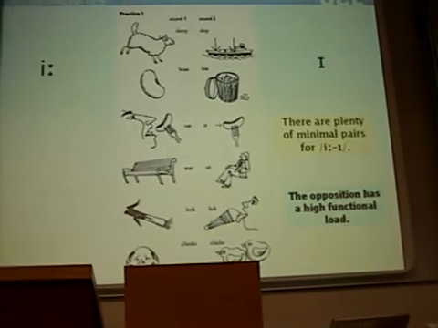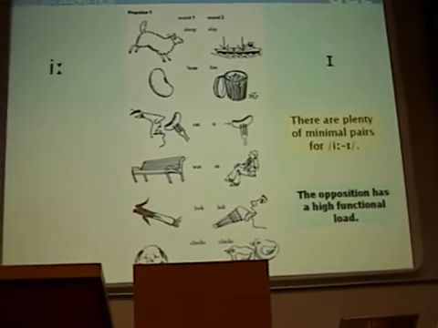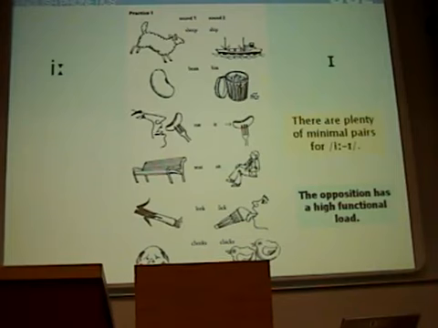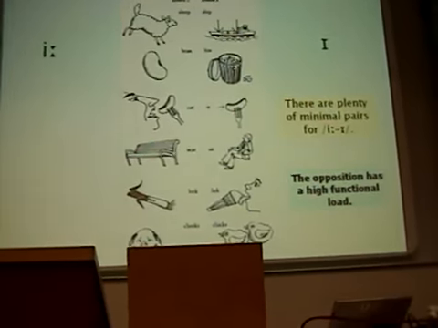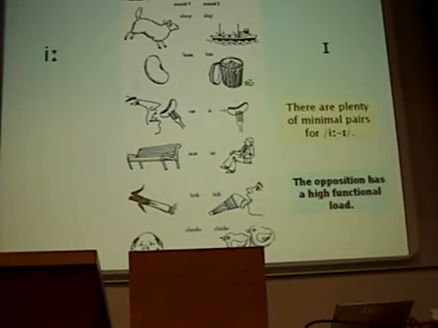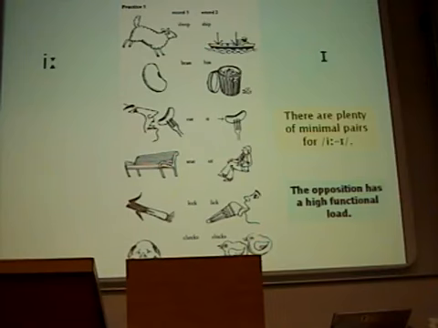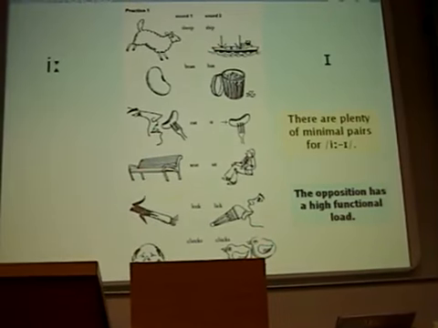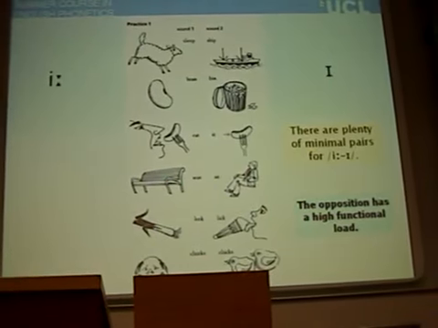Right, I want to move on now to the question of functional load of vowel contrasts, vowel oppositions. We have a very large number of vowels in English compared with many other languages. And so you might feel in principle there are a large number of contrasts that you and your pupils must master.